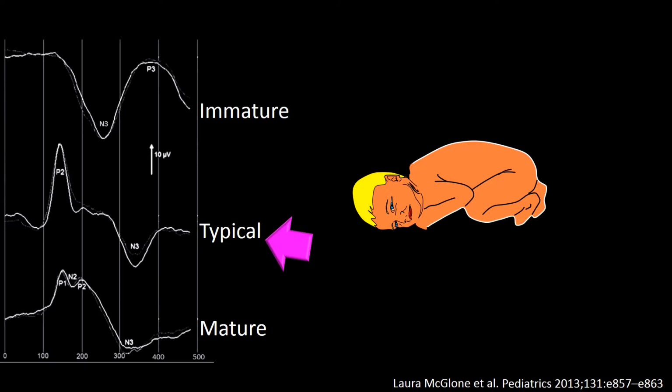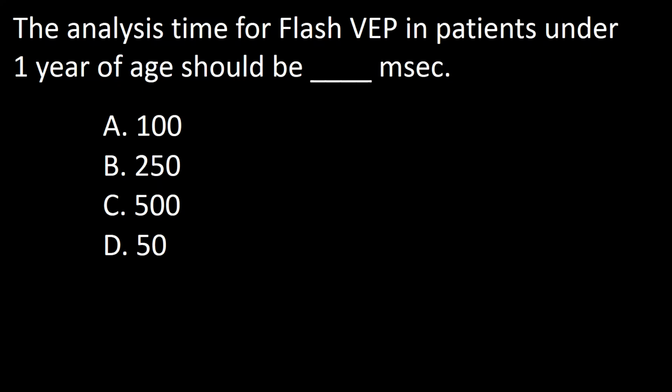The one labeled typical, because it was found in most neonates in the study presented here, has N3 way past 300 milliseconds. And in the study labeled immature, P3 occurs at about 400 to 500 milliseconds. So having an analysis time of 500 milliseconds is important in this age group as well as in all infants. So the answer to this question is C.